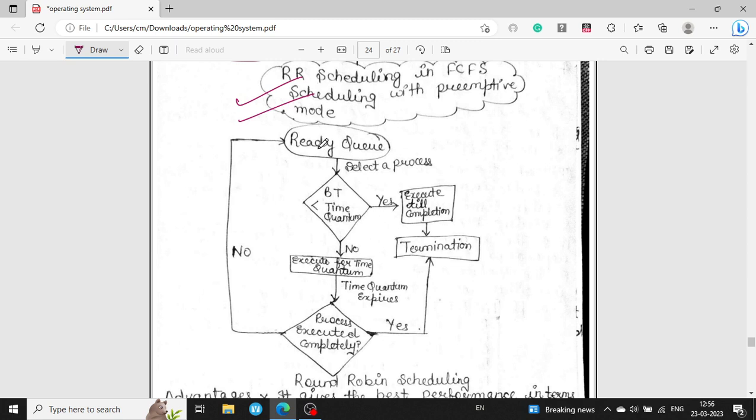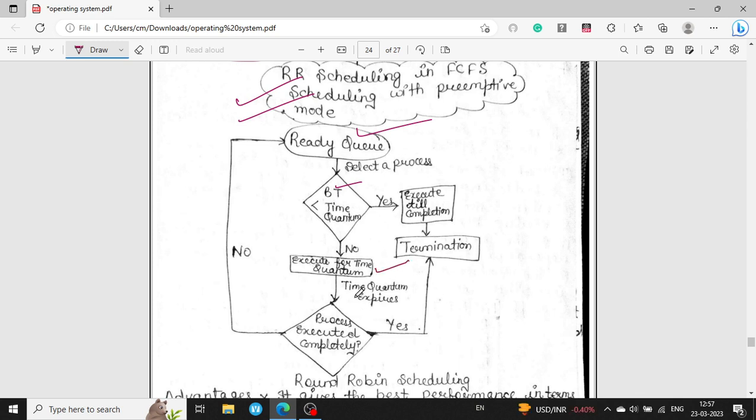First of all, the process will be in the ready queue, then select a process. When we select a process, it compares whether burst time is less than time quantum. Yes, then execute till completion and terminate. But if burst time is greater than time quantum, then no, it will be executed for only the time quantum.